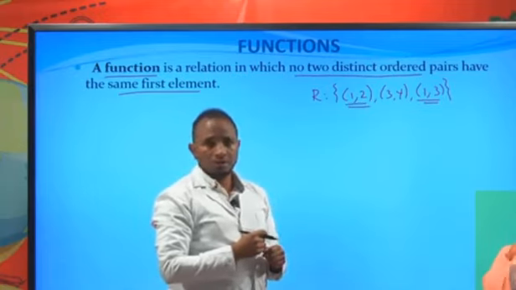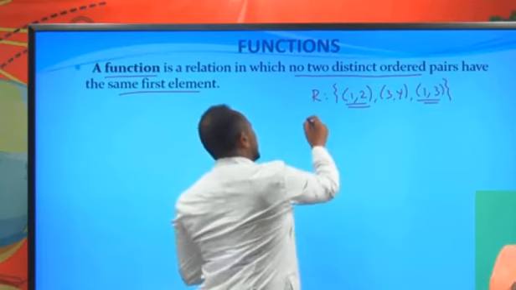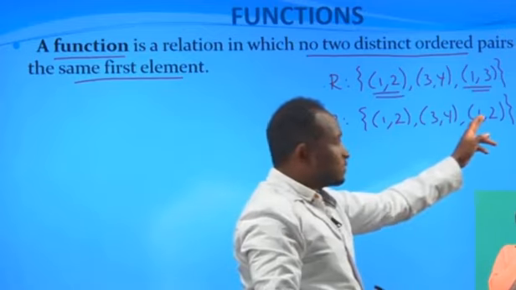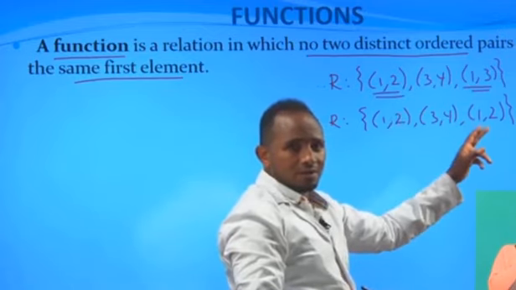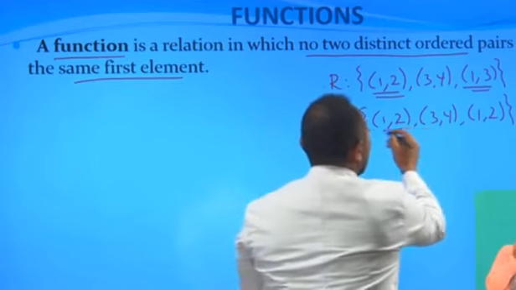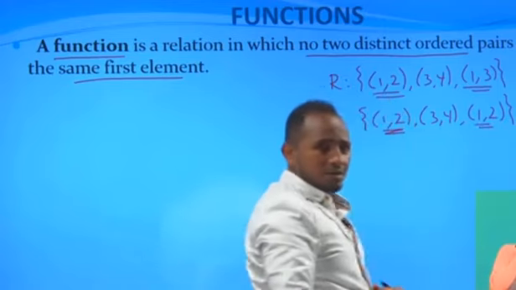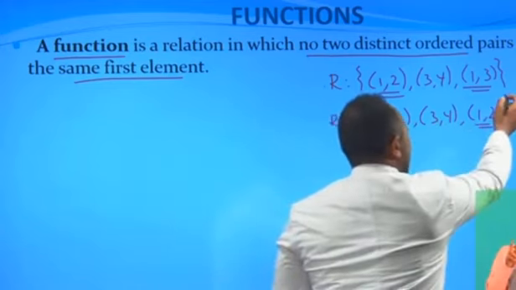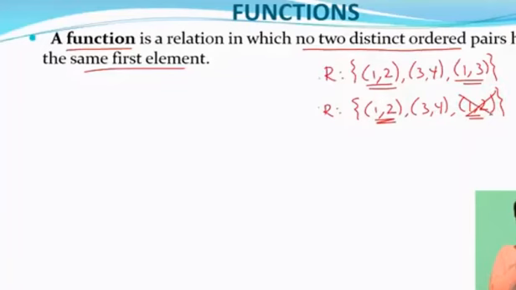But if you take this one, {(1, 2), (3, 4), (1, 2)}, even though the first element is repeated, these two pairs are not distinct. So you can just cancel one of them.